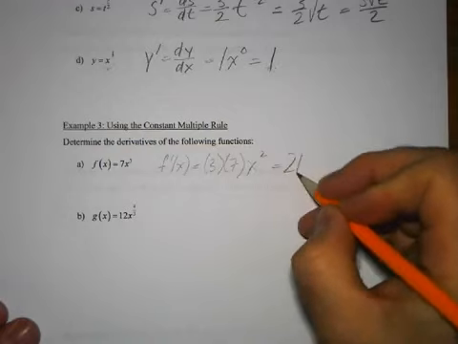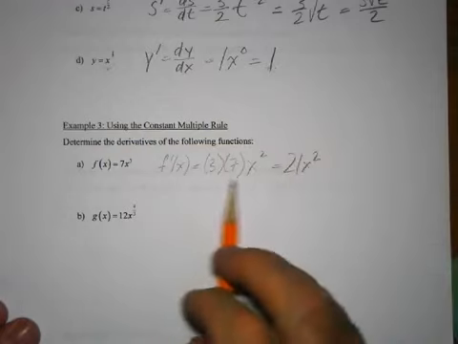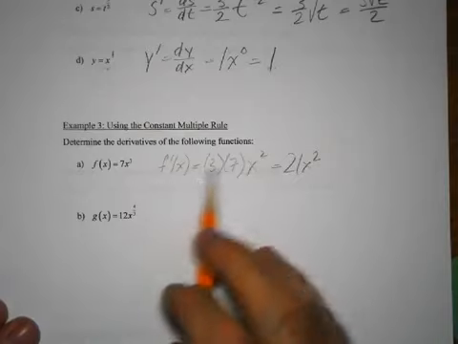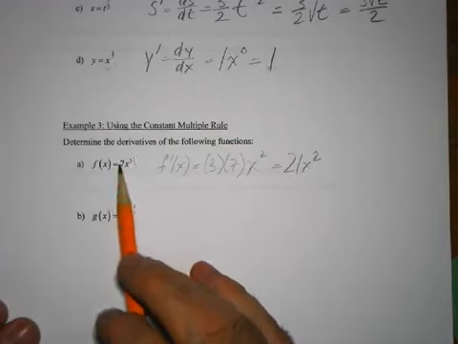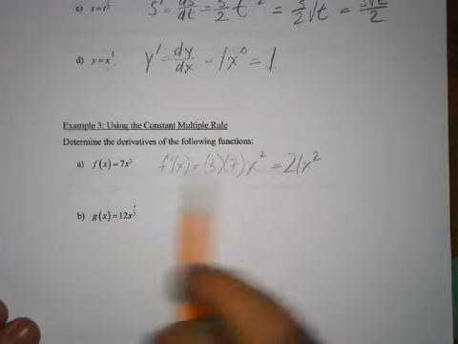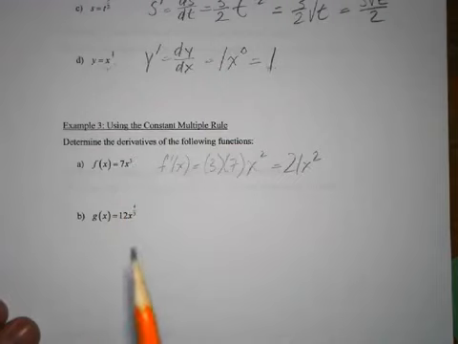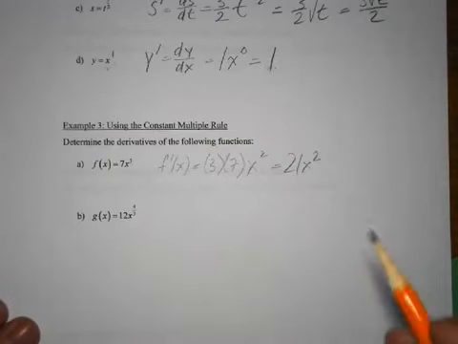So then we have 21x squared. Now you don't have to do that step, you can go directly to there, but basically I'm showing you that that 21 comes from the 3 times the 7 in front, and the exponent for x gets reduced by 1.